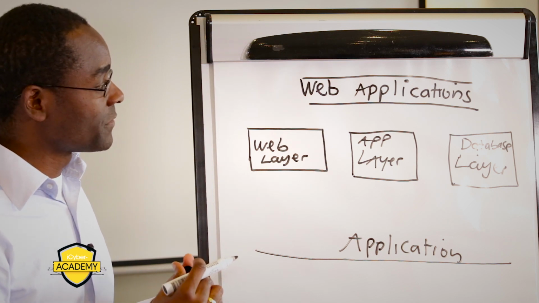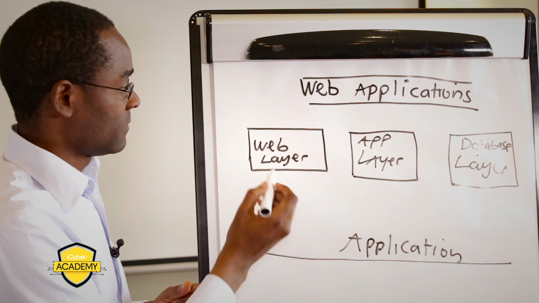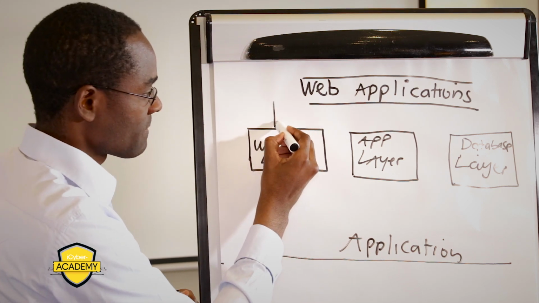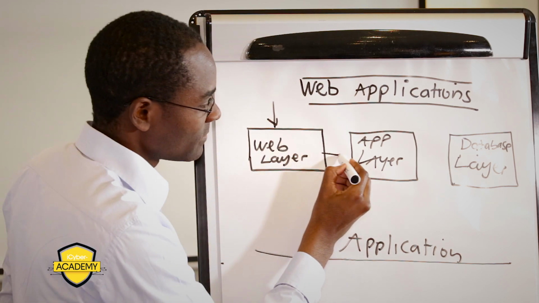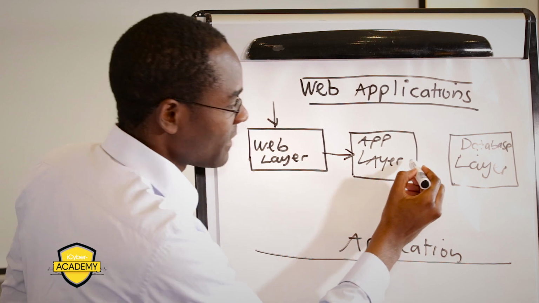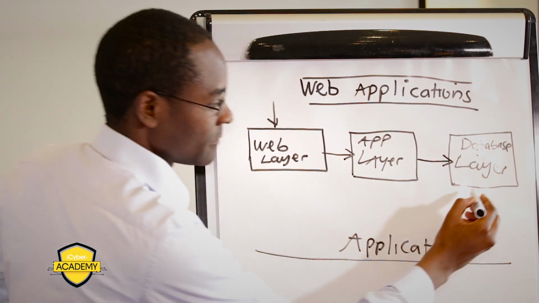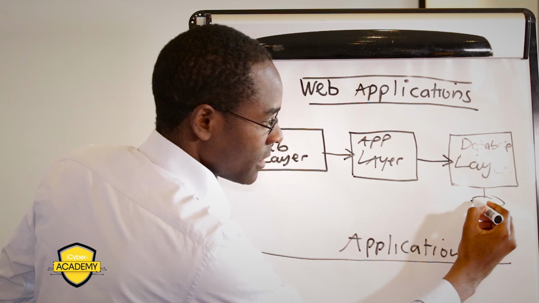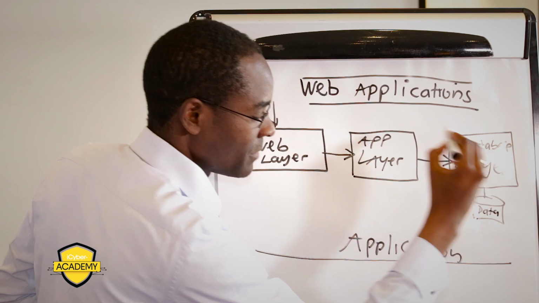So from a security point of view, we need to make sure the entire flow, so traffic entering our web layer, going through our application layer, and then finally to our database layer, where the data is, so this is where you have all your customer data and all your information related to your application.